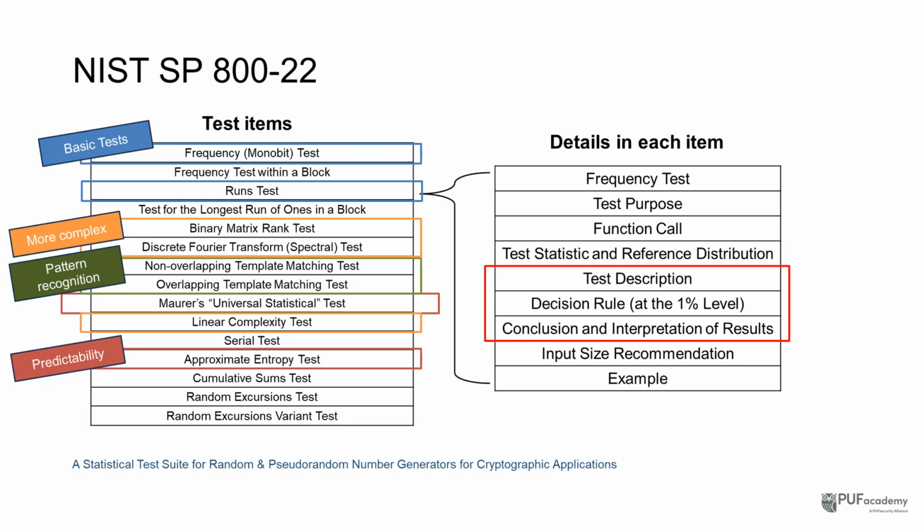It also includes the detailed test description, the decision rule, typically set at the 1% significance level, and guidance on the conclusion and interpretation of results. Besides, it gives an input size recommendation for the bit sequence being tested and provides an example. So this suite offers a standardized, rigorous method for statistical validation of random and pseudo-random number generators.